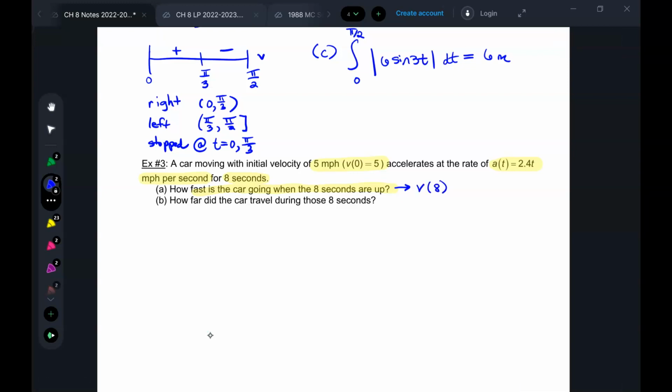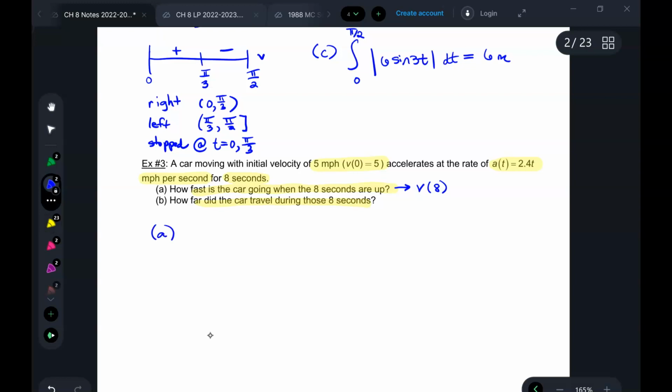Now, I could find the velocity function, figure out what my plus c is, but what do you think my plus c is going to end up being? 5. Or you can just integrate it. Because I'm also asking here, how far did the car travel? Then what? And is it going to be negative at all? Is there any negative velocity? So that kind of makes it a little bit easier.